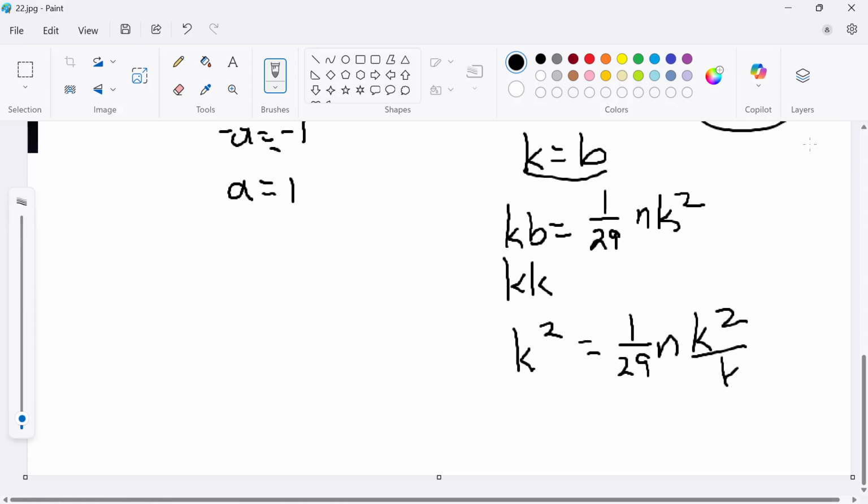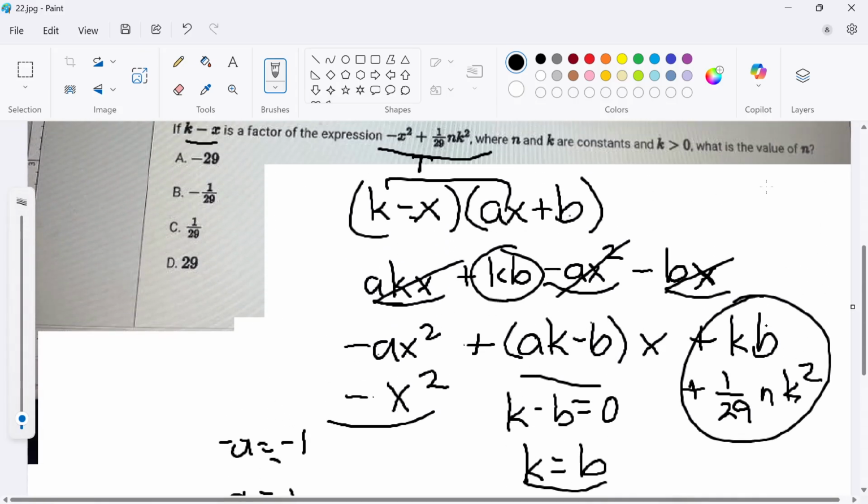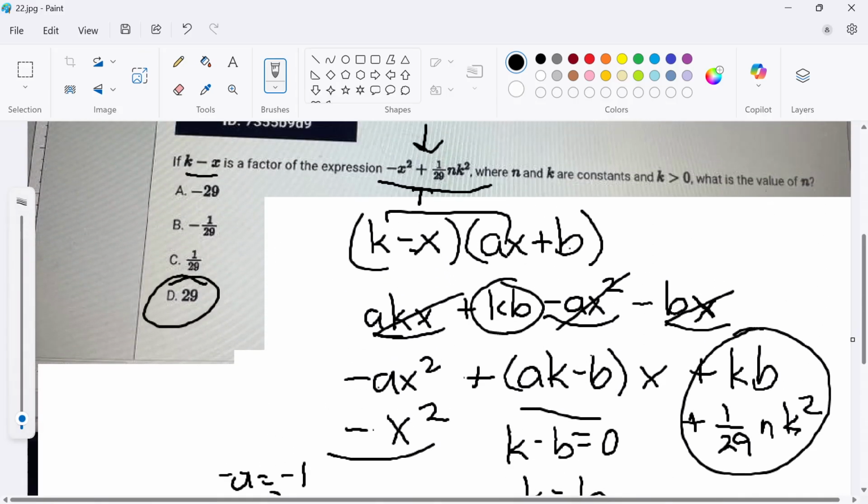I will divide both sides by k squared. k squared over k squared is just 1. So this is 1 equals 1/29 n. I will multiply both sides by 29. 29 equals n. So the answer is D, 29.